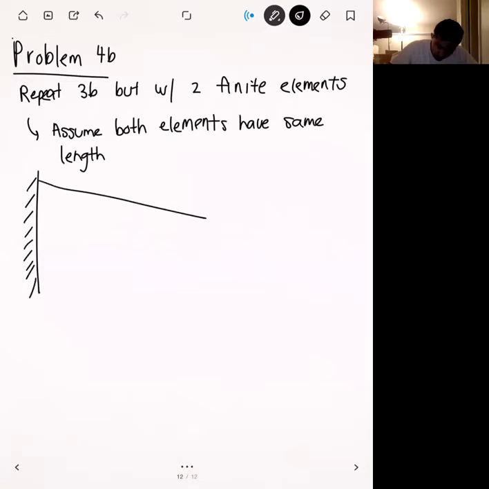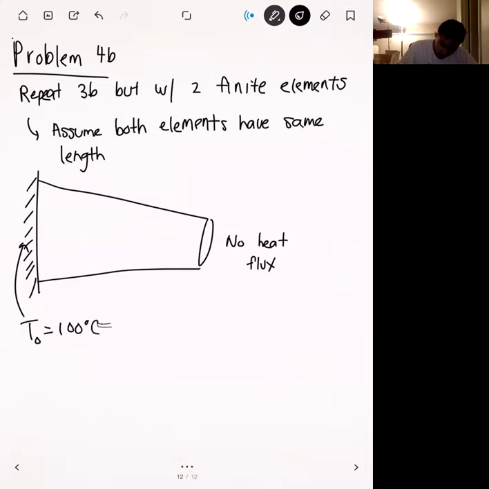We have a situation like this, where we have no heat flux. The temperature here is 100 degrees C. We have a thermal generation term, which is 1/2 x squared.